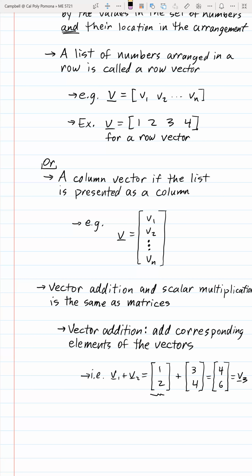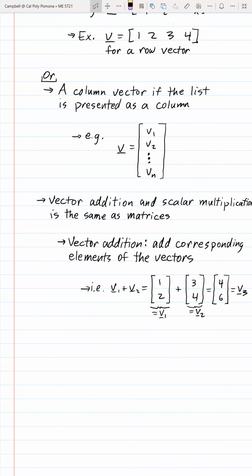So here, this will be equal to v1. And here, this will be equal to v2. So just as we saw before, but it's worth noting it again.